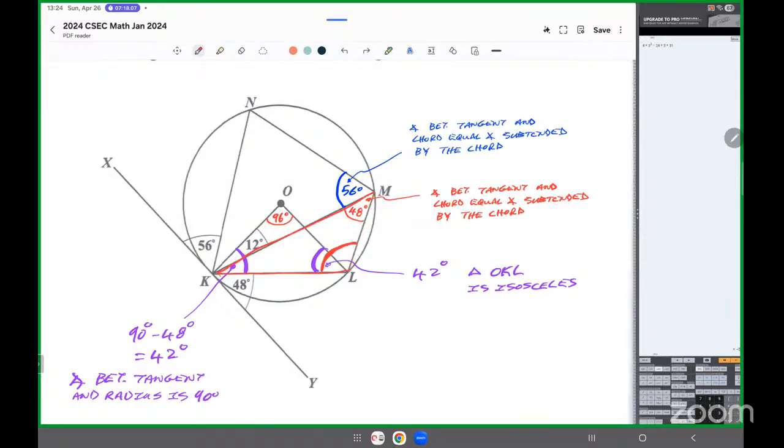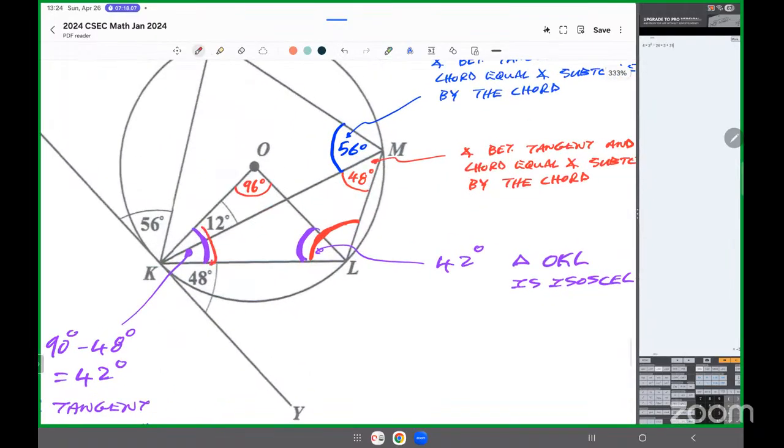Remember, the whole of this purple angle is 42, and this part of it is 12. The remaining piece must be 30.